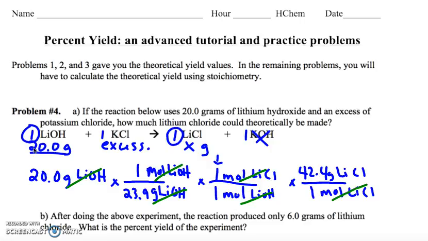In your calculator, if we mind our significant figures, we started with 3 sig figs here, so we're going to end up with 3 sig figs, and in your calculator you should get 35.5 grams of LiCl. So this number right here represents your theoretical yield.